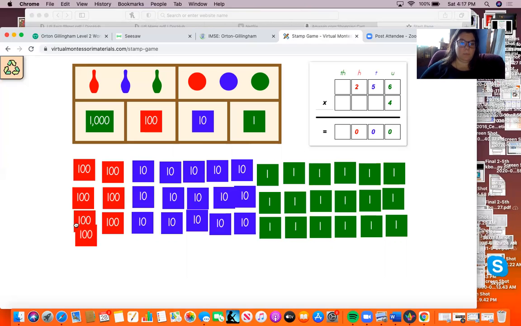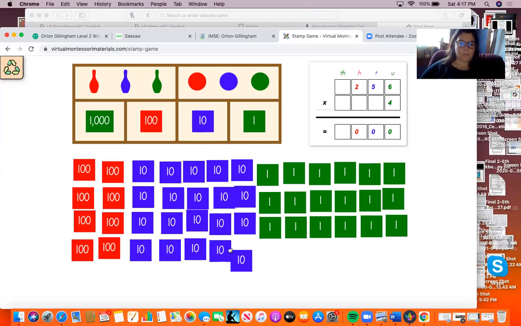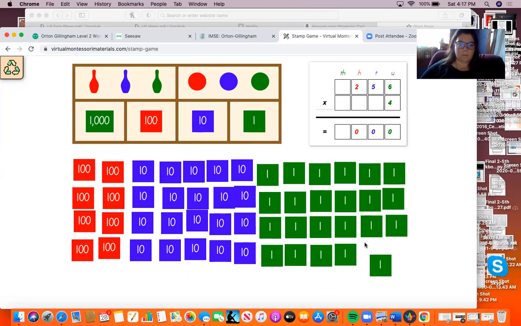So I need one more group. 200. All right, so here is our 4 groups of 256.